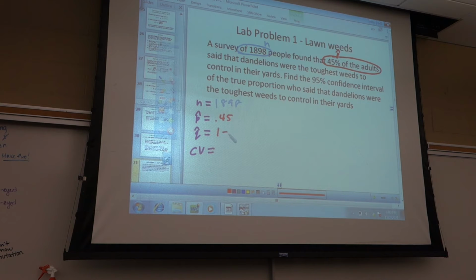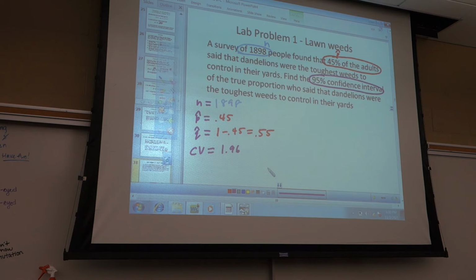And then q hat is 1 minus 0.45, 0.55. And then my critical value comes from this guy right here. Look at that in the table. I get 1.96. Okay, everybody find your E and then find your confidence interval.